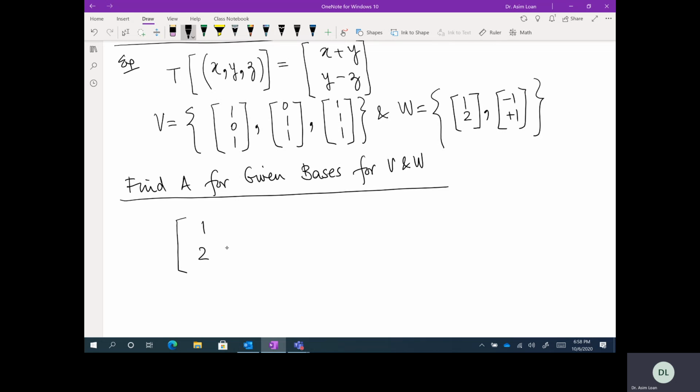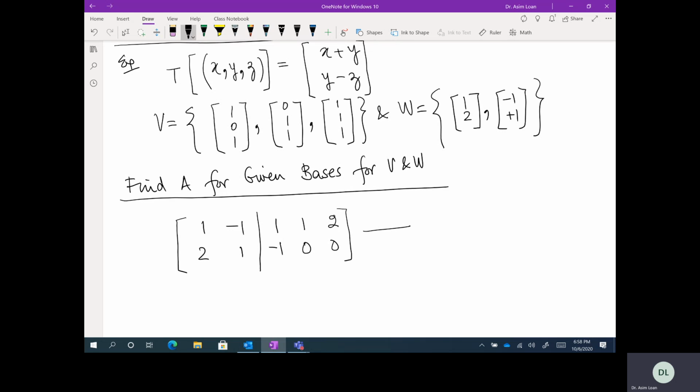I have 1 2 here. I have minus 1 1 here. This is x plus y, so 1 plus 0 is 1. And this is 0 minus 1, minus 1. 0 plus 1 is 1. And 0 plus 1, 1 minus 1 is 0. This is 1 plus 1 is 2. 1 minus 1 is 0.